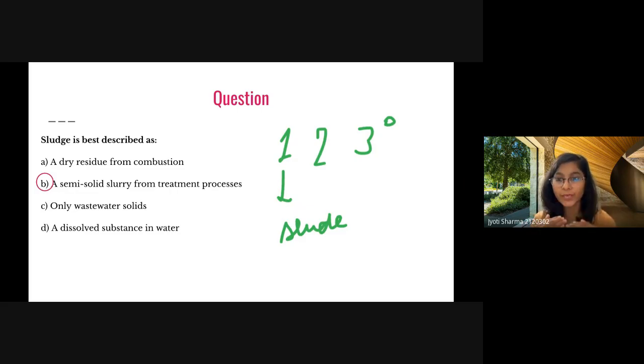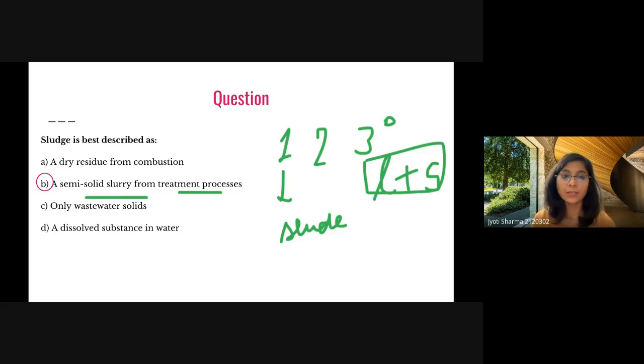So the waste that we will get, let's say after filtering, after activated sludge, or after some screening, is some liquid and some solid. So this will create a semi-solid slurry that we will get from the treatment process. That's why B is the right answer.